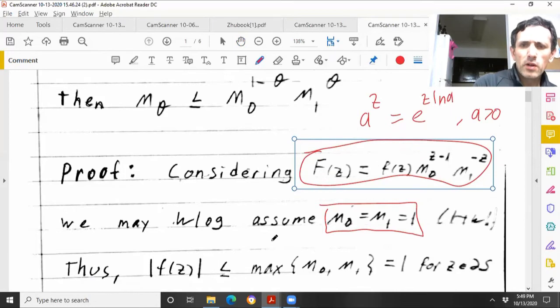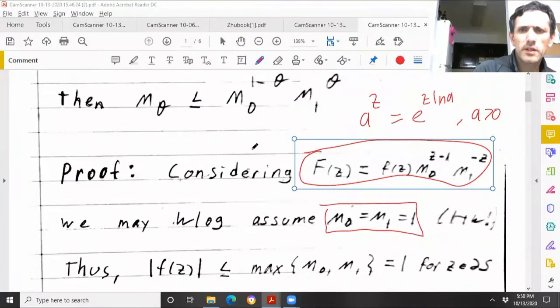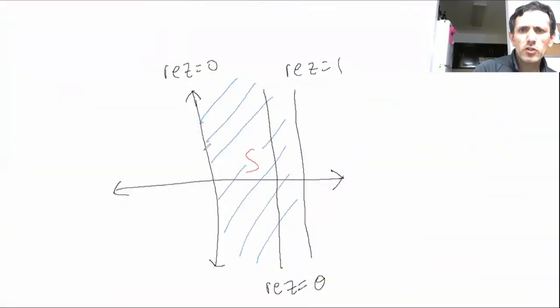Right, so we know on the boundary of the strip, M0 is the sup of F on this boundary part, and M1 is the sup of F on this boundary part. We're assuming those two sups are 1. So on the boundary of S, the modulus of F is less than or equal to the maximum of 1 and 1, which is 1.